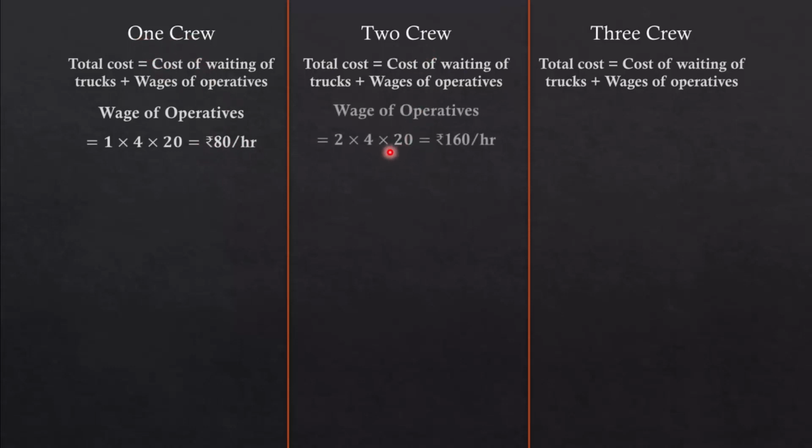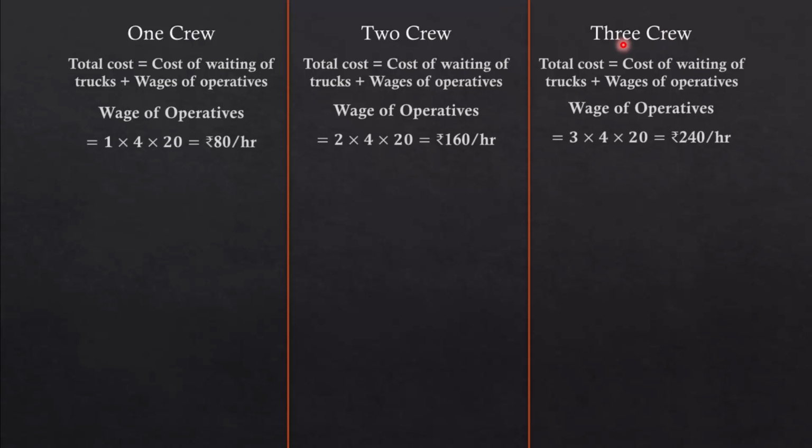Now when there are 2 crews, the wage increases to rupees 160 per hour. Here there are 2 crews, each crew has 4 operatives, and they are paid rupees 20 per hour, so the total wage of operatives is rupees 160 per hour.